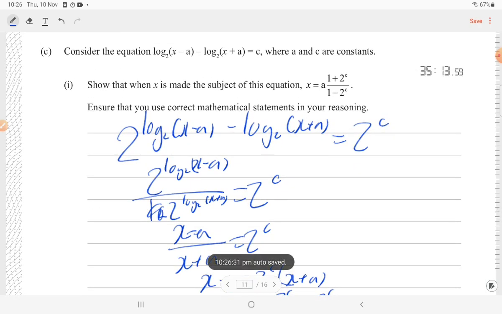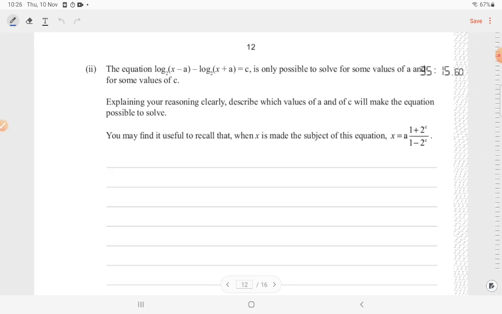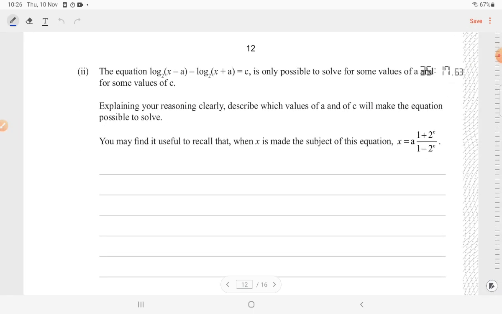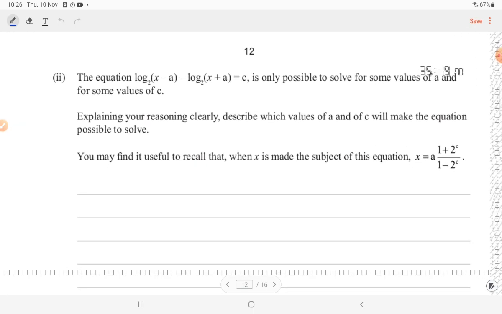How else would I do this? Equation is only possible for some values of a, minus 2 to the power 0.1.